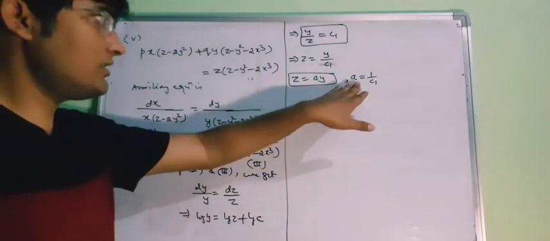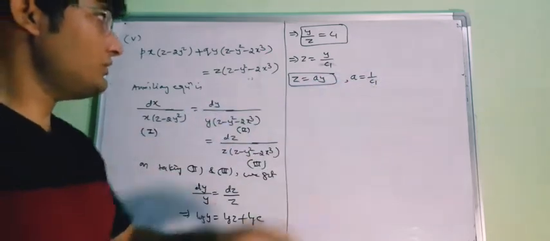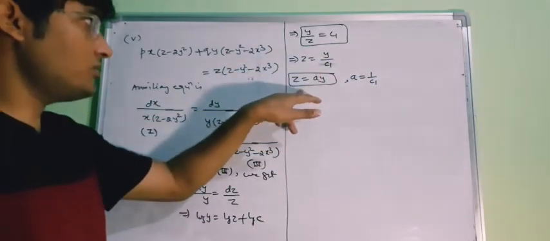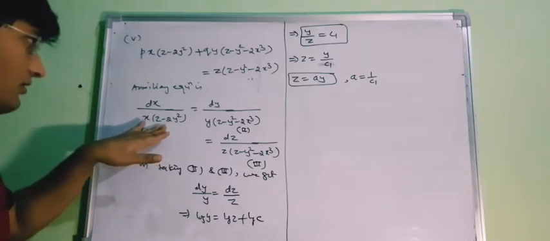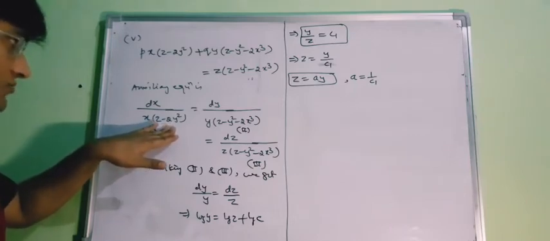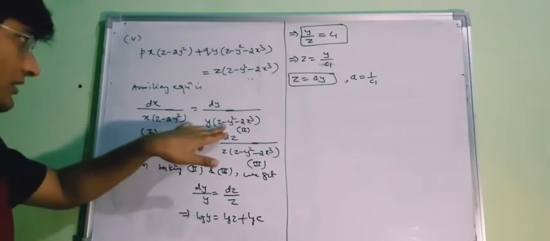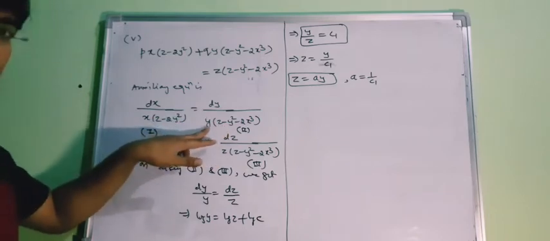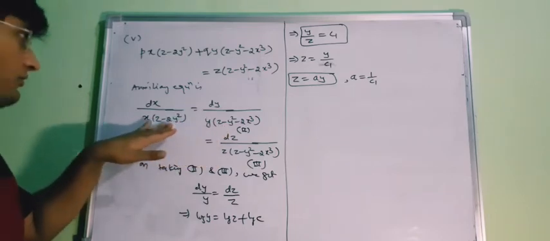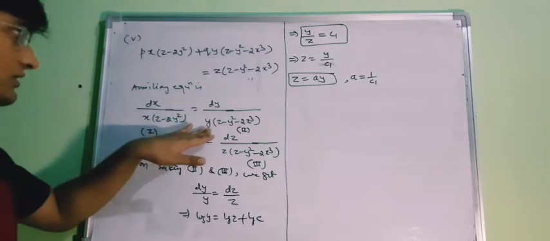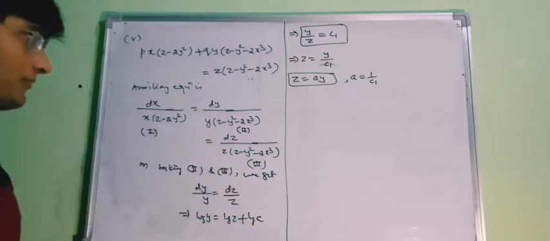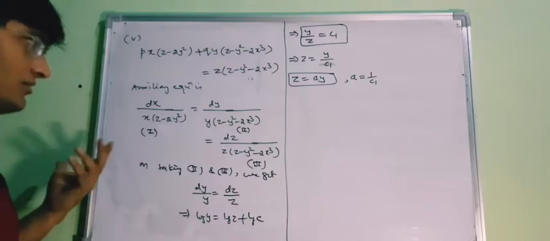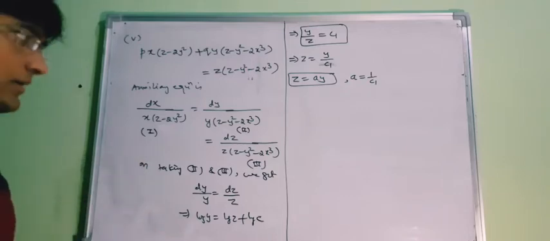Now if we put the value of z in terms 1 and 2, then you can see that 1 and 2 will be in terms of x and y. Then we can solve them using the differential equation of order 1.